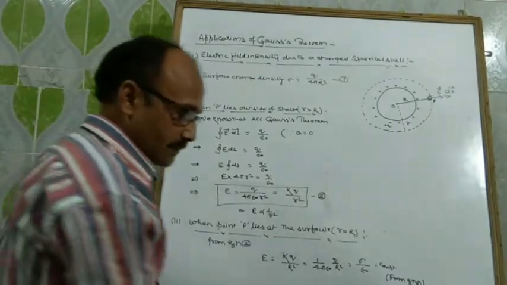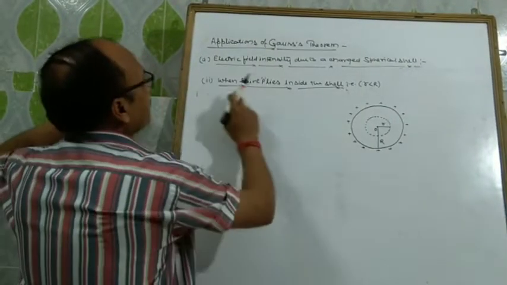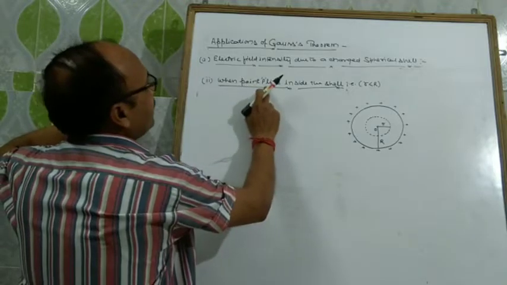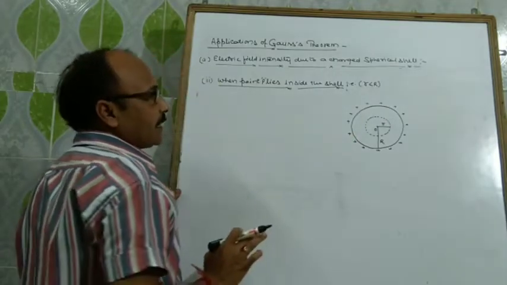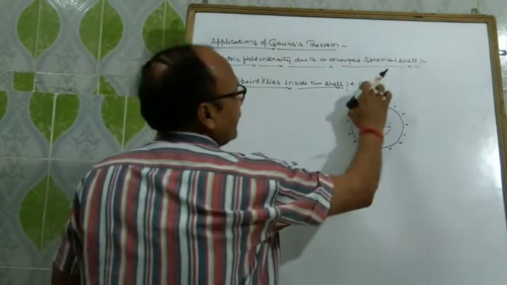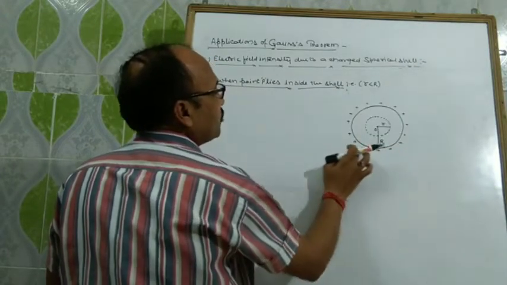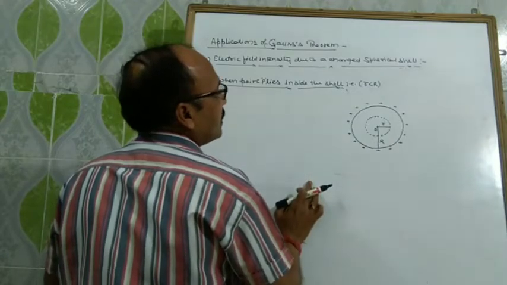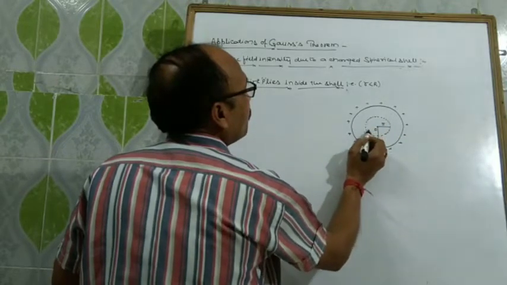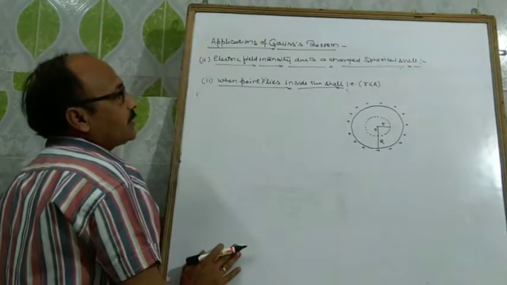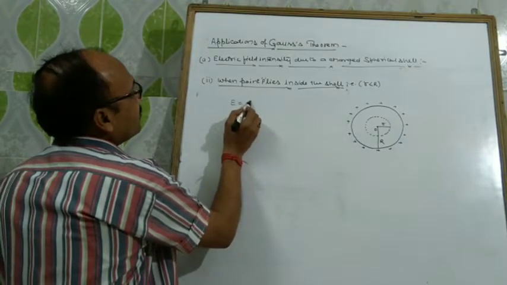Now case third, when point P lies inside the shell, that is small r is less than capital R. Take the spherical shell with plus q charge uniformly distributed on the outer surface, and this is the Gaussian surface of radius small r. At this time the electric field intensity E will be equal to 0.